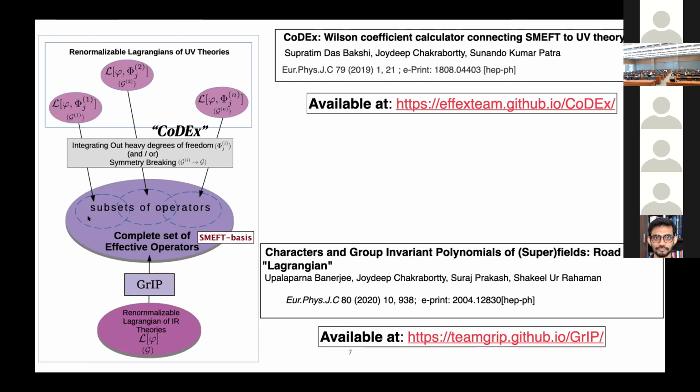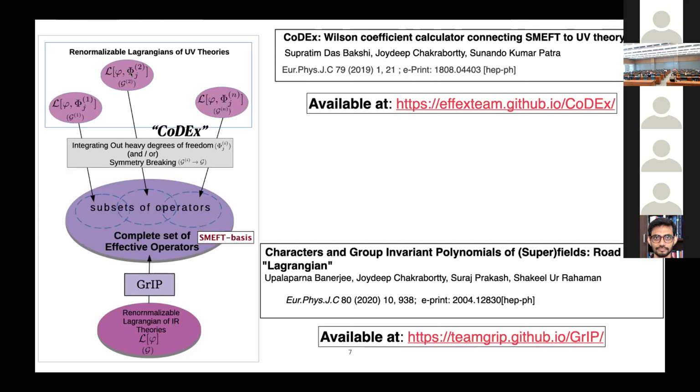And then you can move on to different theories, identify what the UV fields or heavy fields are, and integrate them out. Similarly, you can continue doing that for all such preferred UV theories. So now you can see that at this level, their interactions and their field contents could be different, so it's very difficult to compare them.